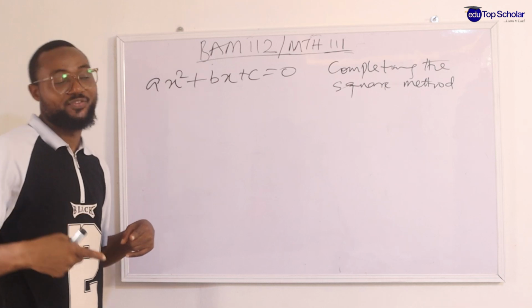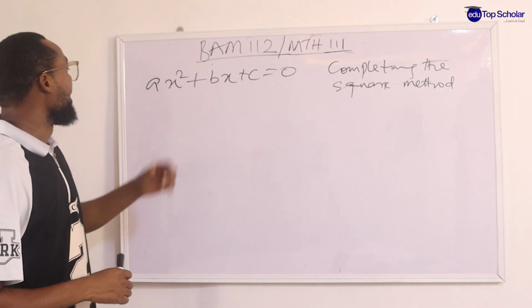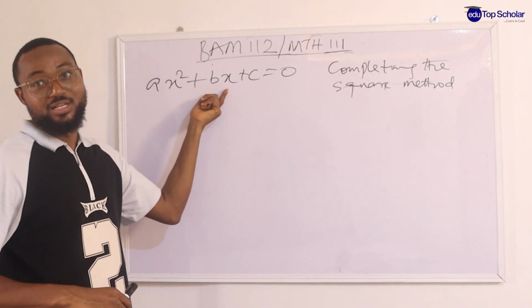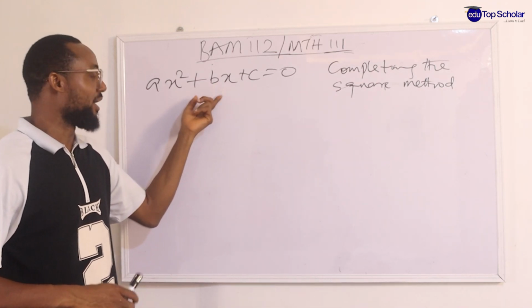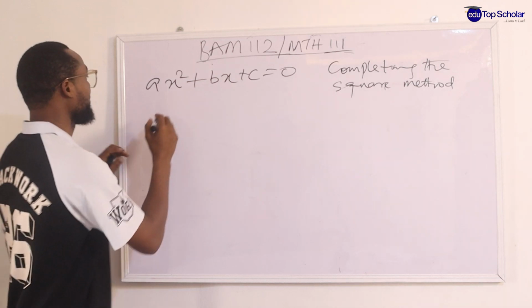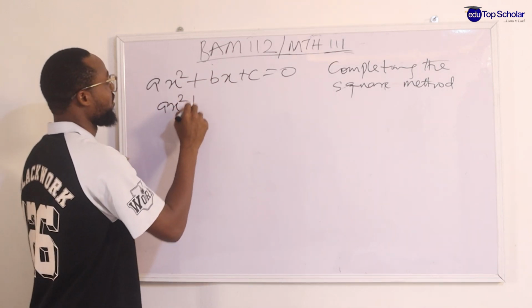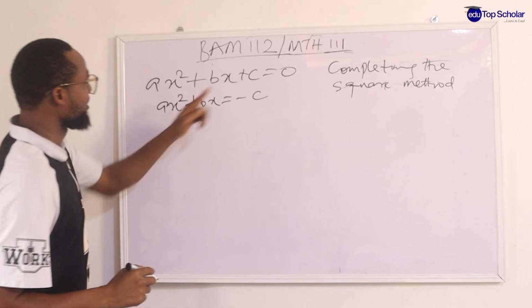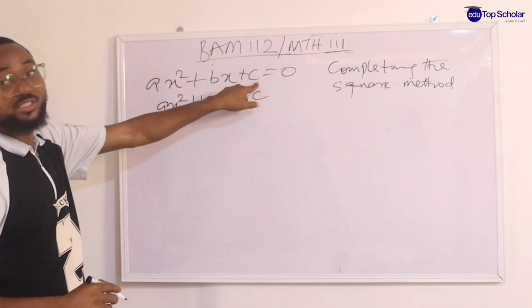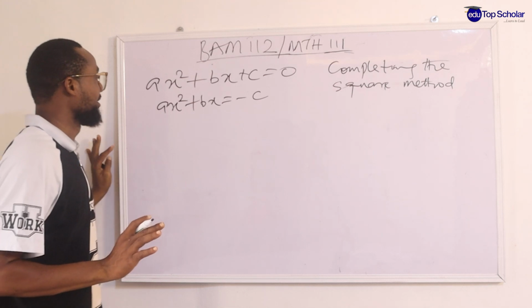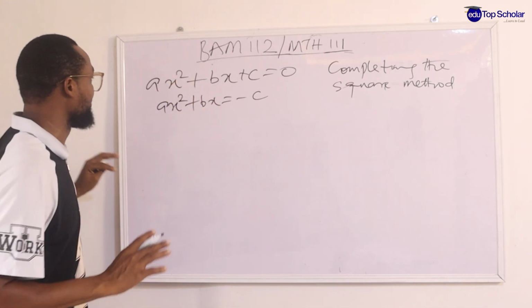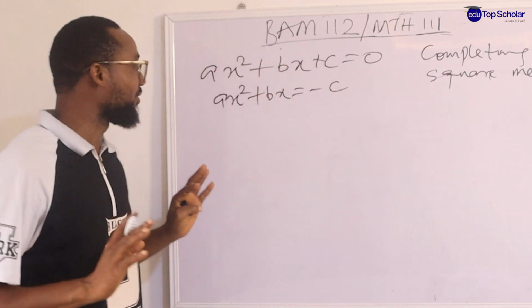Step 2 will definitely be, we rewrite ax squared plus bx equals minus c, because this one does not belong to this class at all. It's a constant, no variable there. They are separating. The fight has started already. I want to remove the constant away from it. We don't want to see this one here. It does not look like us.